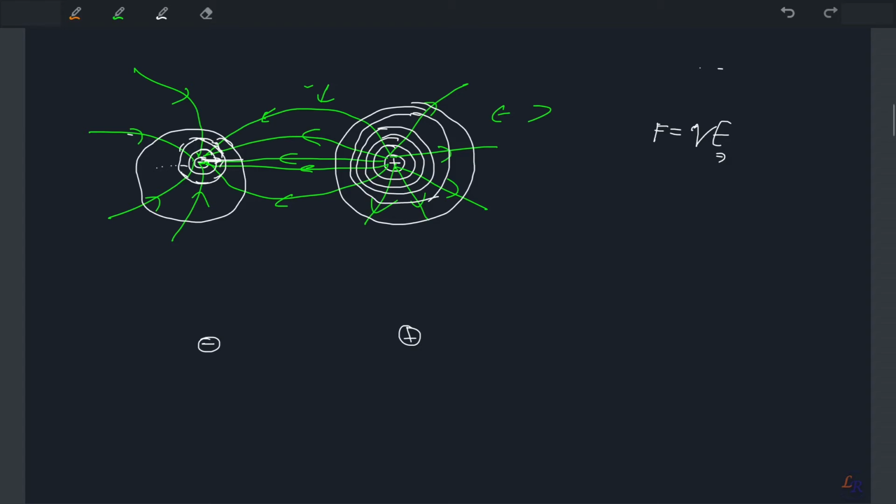The center of those concentric circles would be shifting towards this direction for negative and this direction for positive once you move apart, because the electric field will not be the same at the same concentric point. It is influenced by the nearby electric field lines, right?